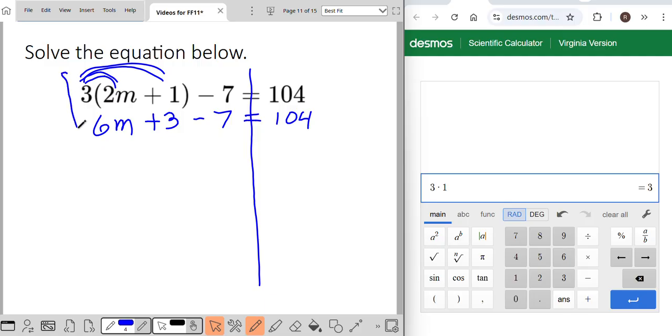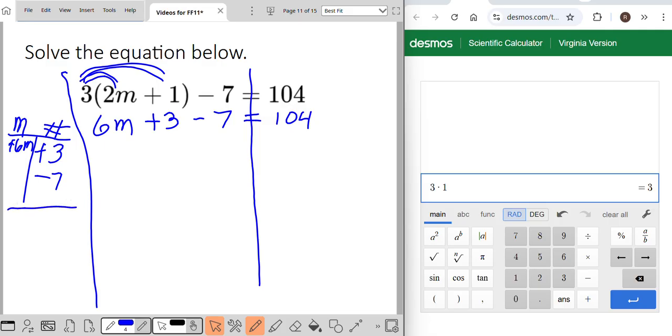I'm going to draw myself a little line here just to give me some room, so I don't mess things up. I'm looking for m's and I'm looking for numbers because now I have to put terms together. I've got a positive 6m on that side. I've got a positive 3 on this side and a negative 7.